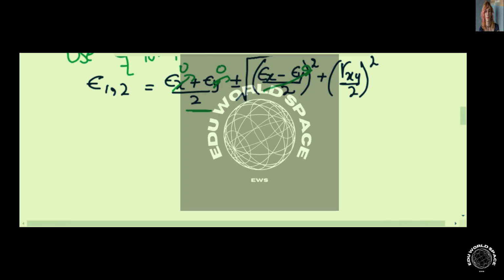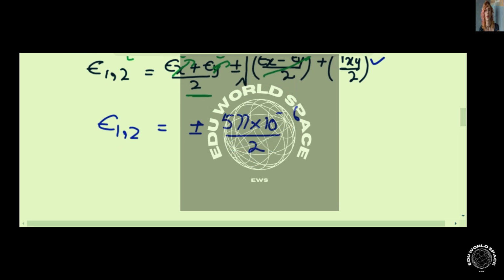So we are left with principal strains equal to plus or minus 577 into 10 raised to power negative 6 divided by 2. I've just plugged in the value of this variable. Now I'm going to simplify it. So we have plus or minus 288.5 into 10 raised to power negative 6, approximately equal to 289 into 10 raised to power negative 6.